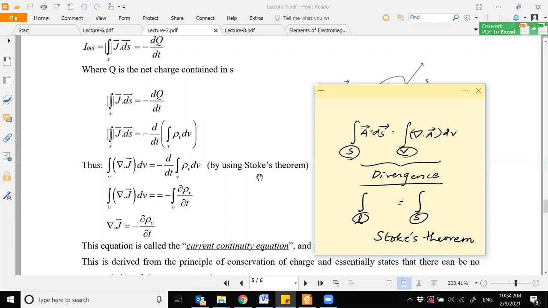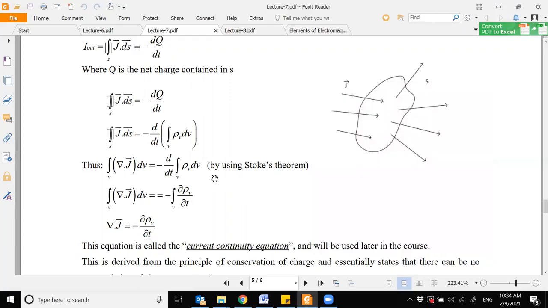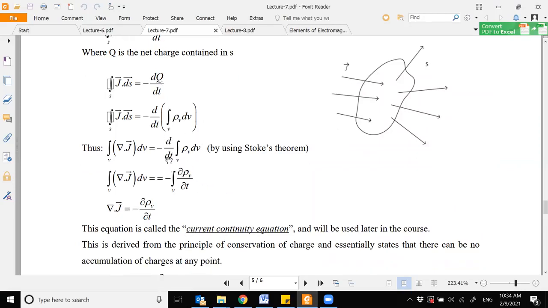Then, I'm just looking at the right hand side. On the right hand side you have the differentiation with respect to time and the integration over the volume of rho v dV. I can bring this differentiation inside, and I get minus the integral over the volume of dou rho v over dou t.